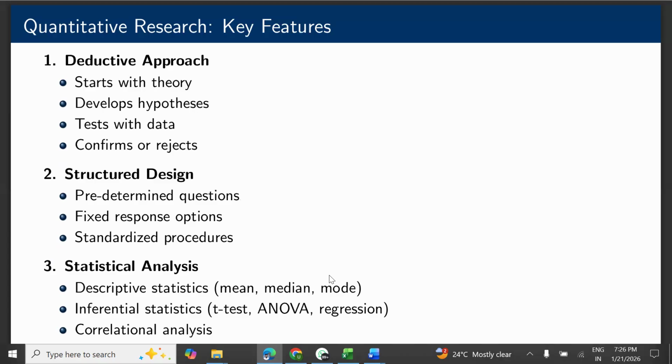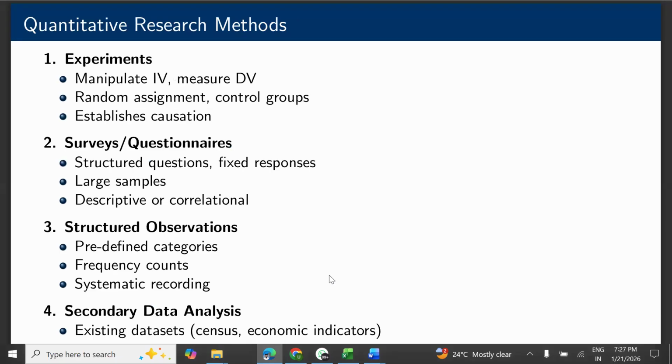Another dimension of quantitative research is that it is a structured design with predetermined questions, and for statistical analysis we try to follow descriptive statistics and inferential statistics. In descriptive statistics we basically try to give a basic statistical summary. Then in inferential statistics we try to do various tests, and then correlation analysis also we try to do.